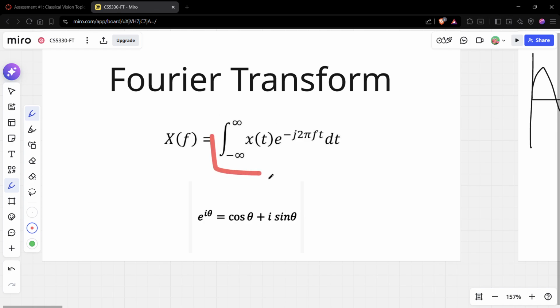So that's why we get the formula for the Fourier transform as the time function multiplied by the exponential function, which is nothing but the cos and sine waves of that function. We integrate it with respect to time. So that's why we say the Fourier transform is nothing but a mixture of the cos and sine signals.